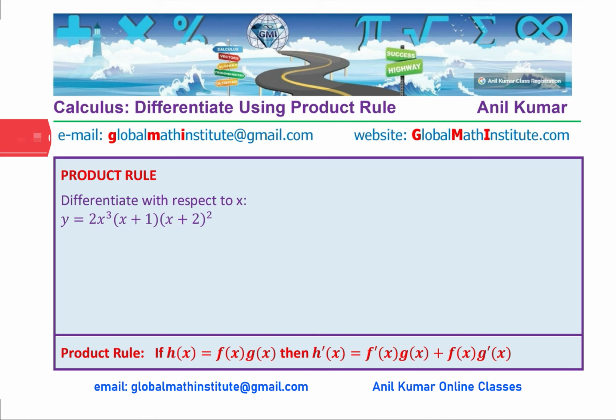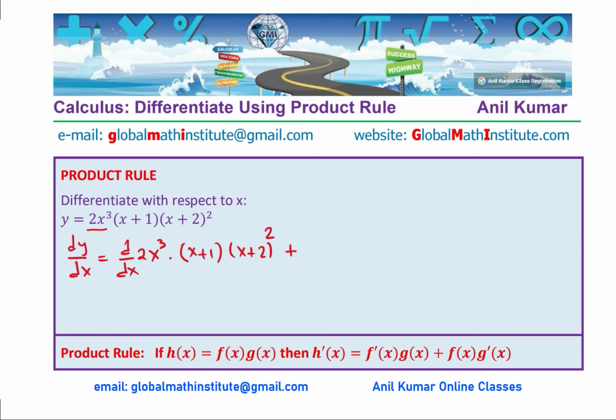Now let's do the last question here. Now here we have 3 terms. So they are a product of 3. How do we do this? So let me show you how the product rule can be extended, right? When you are finding the derivative with 3 terms being multiplied, we can write this as dy dx equals to, see 2 is a constant, right? So you can keep 2 or you can combine 2 with any one of these terms. So you can say d dx of 2x cubed, right, times the other 2 terms, which are x plus 1 times x plus 2 whole square, right?